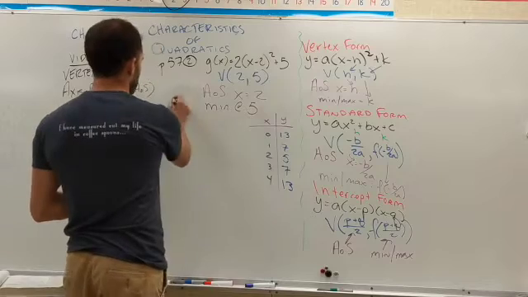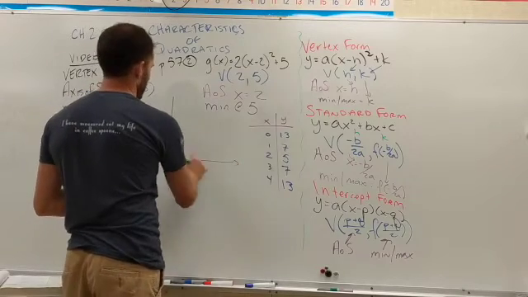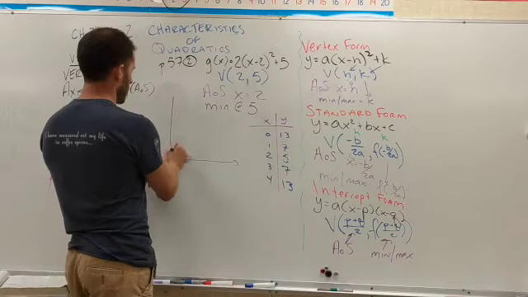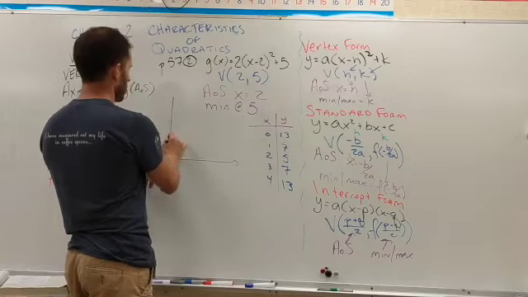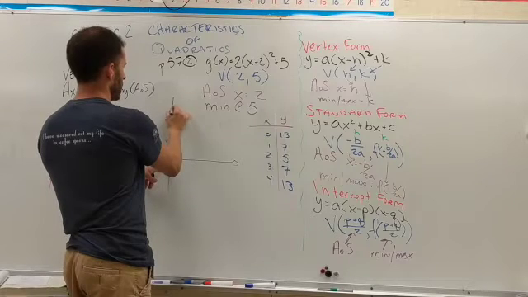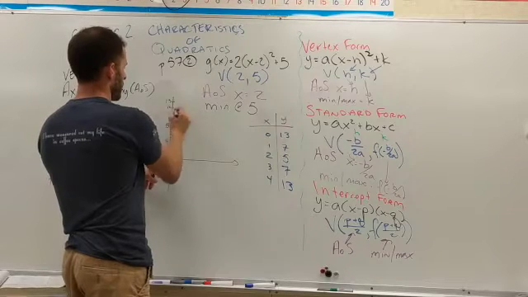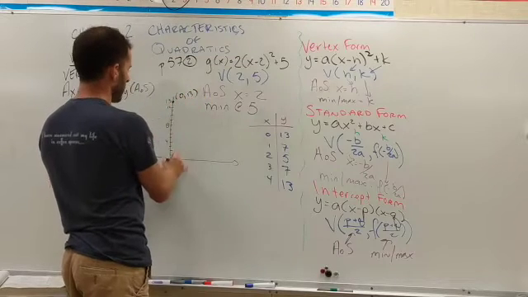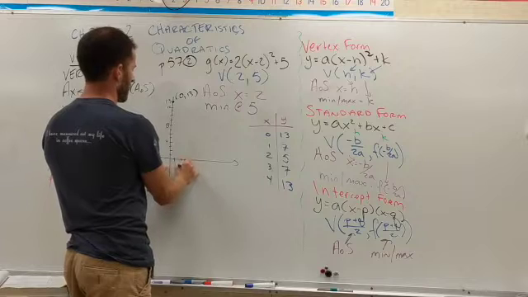Looks like a parabola that is mostly over here. So 2, 4, 8, 10, 12. Here's 13. So I have a point at (0, 13).